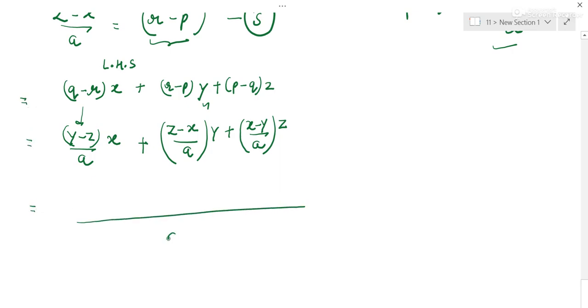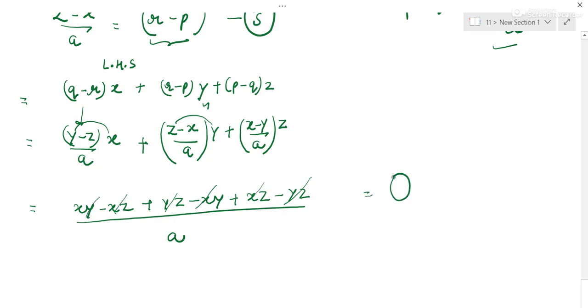LCM is a. So simply you can multiply: xy, xz, yz, xy, xz, minus yz. So you can see yz, xy, xy, xz are cancelled, so it is 0. So yes, the left hand side is equal to 0. Practice these numericals.